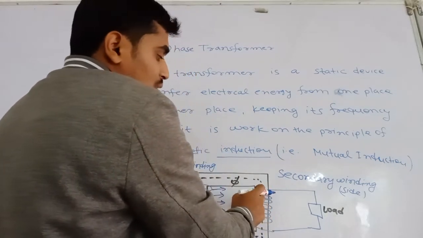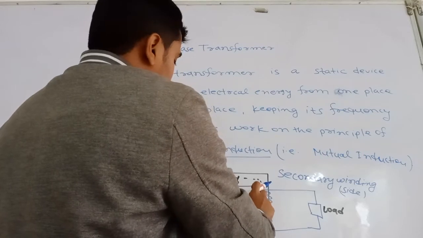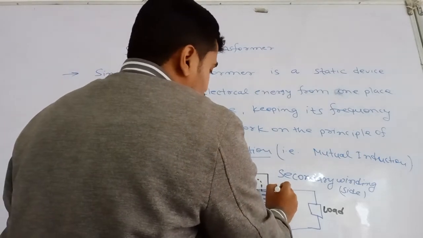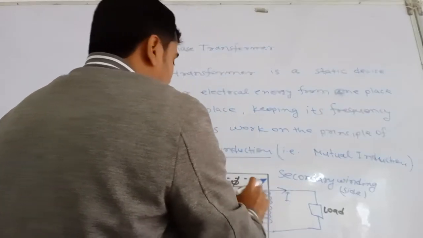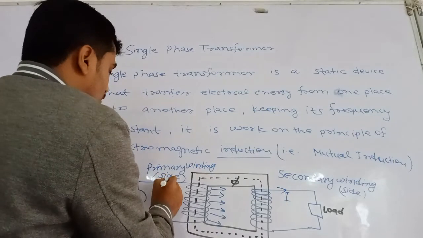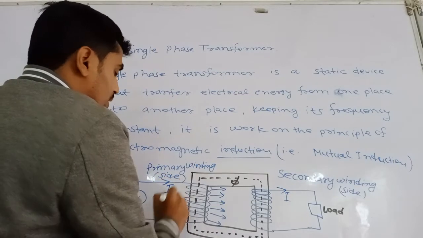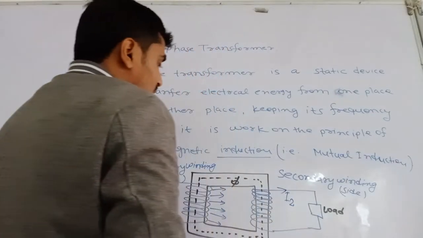This winding is also an inductor, whose property is that if flux is generated, current will also be produced in this winding. Therefore, I2. First of all, if I give I1 to the primary winding, then the secondary winding current I2 will be induced.